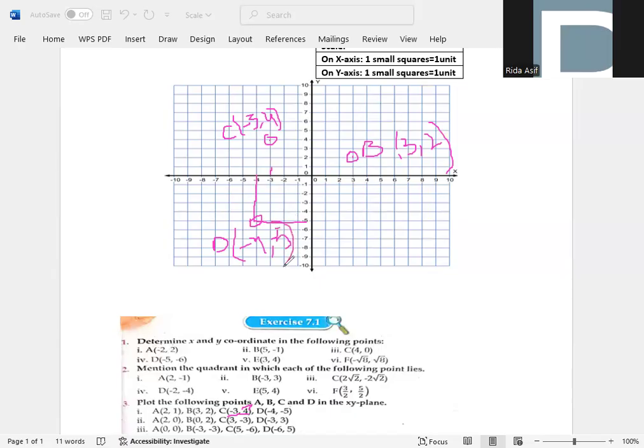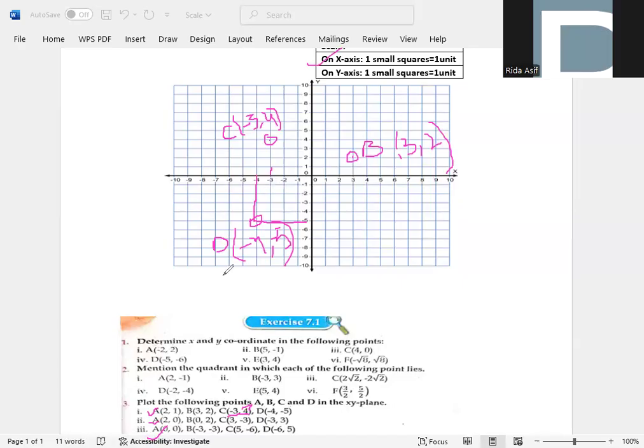So in this way, you can plot all your points. You can solve this question number 3, bits 1, 2, and 3. So simple. You just have to take a graph paper, draw the horizontal and vertical lines for the x-axis and y-axis, mention the scale, and then plot these points in a proper way.